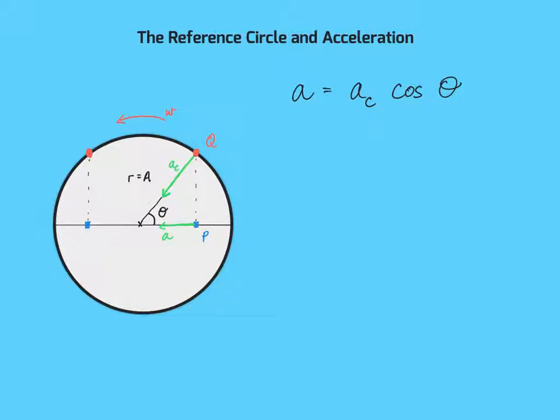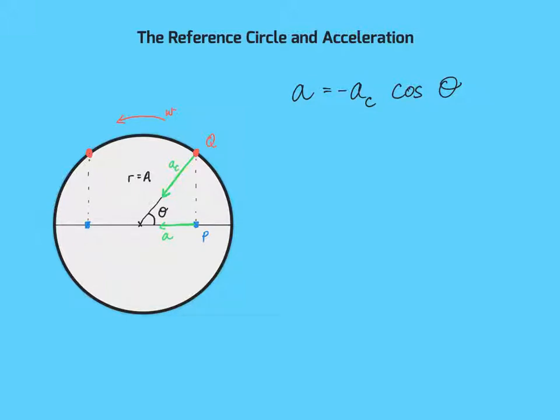Now, again, this acceleration at P is pointing in the negative direction, so we need to have a negative sign here. And now, once again, we have an expression that relates centripetal acceleration to tangential velocity.